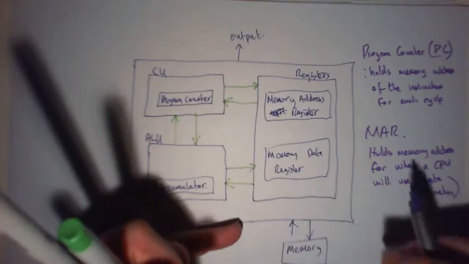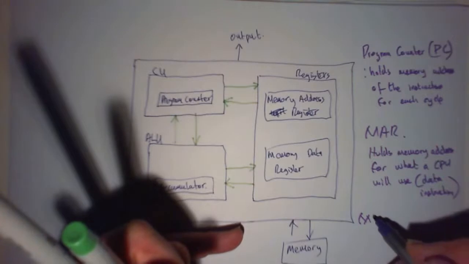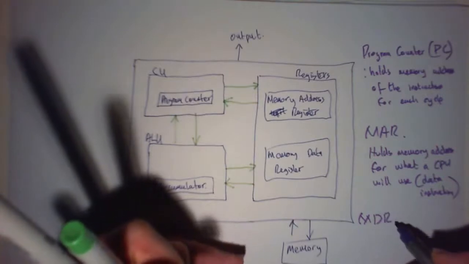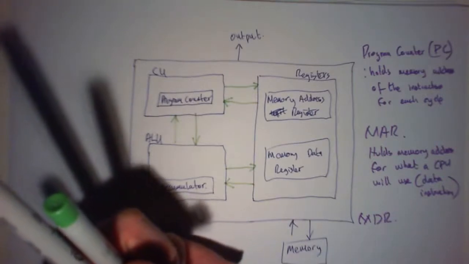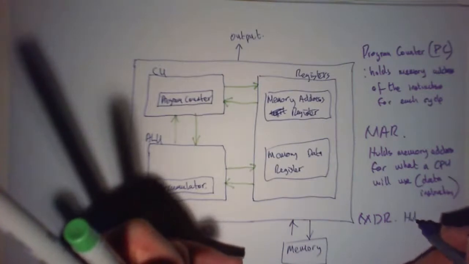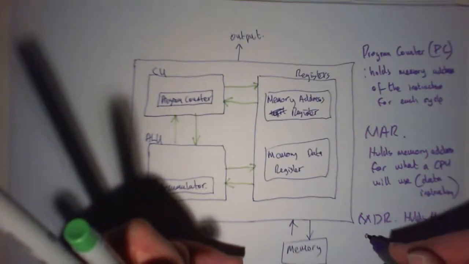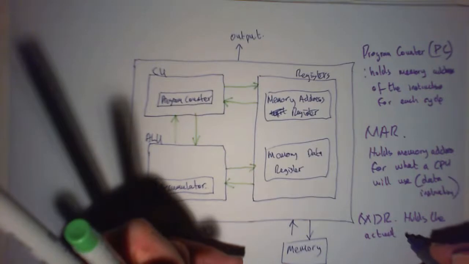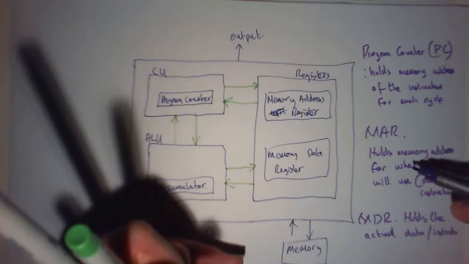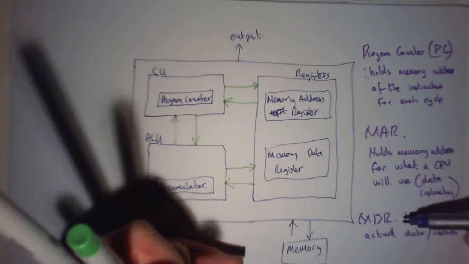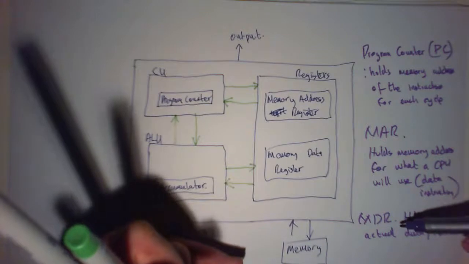The MDR holds the actual data or instruction. So the MAR holds the address of where it is. The MDR is what is there.